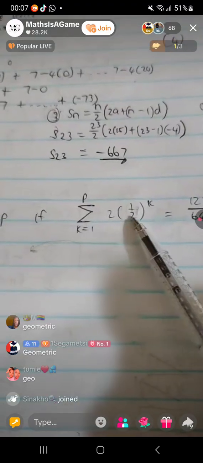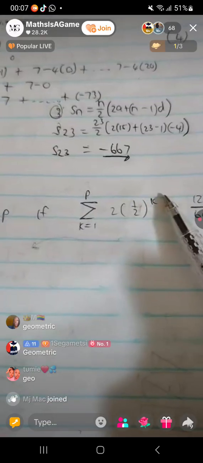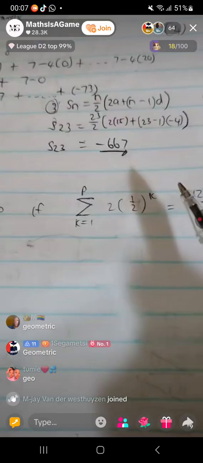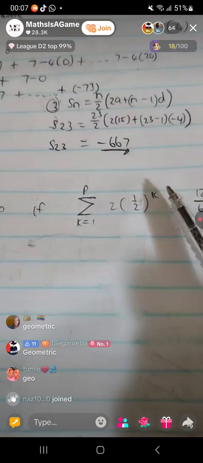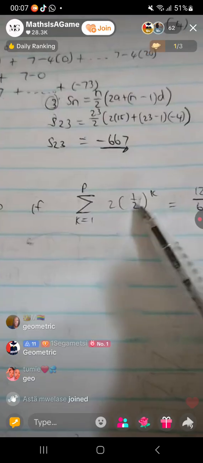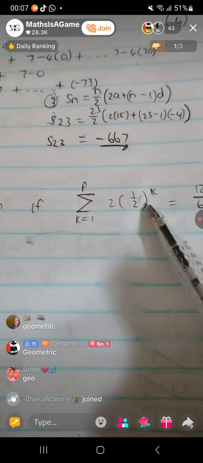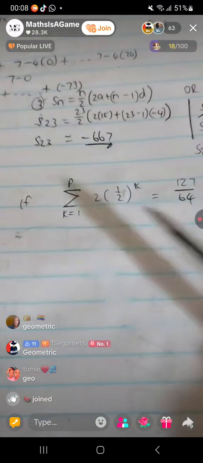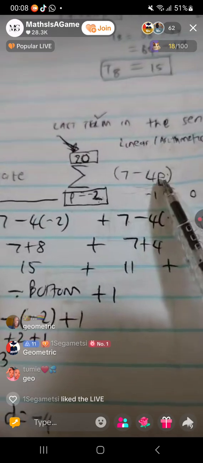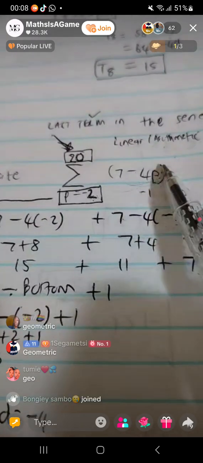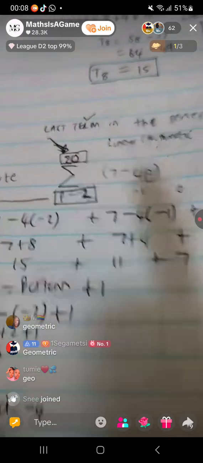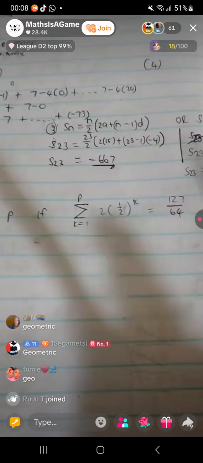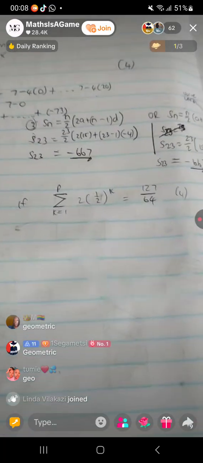It is not a base, but it is the exponent. If the variable was a base raised to the power 1, then we would say it's linear arithmetic, just like this one: the variable is a base and the exponent is 1. This one, the variable k is equal to 1, that's our variable. The variable is an exponent, so that means it's geometric.